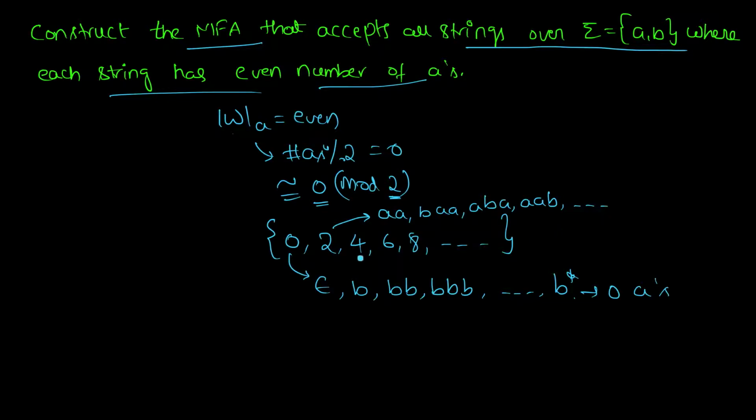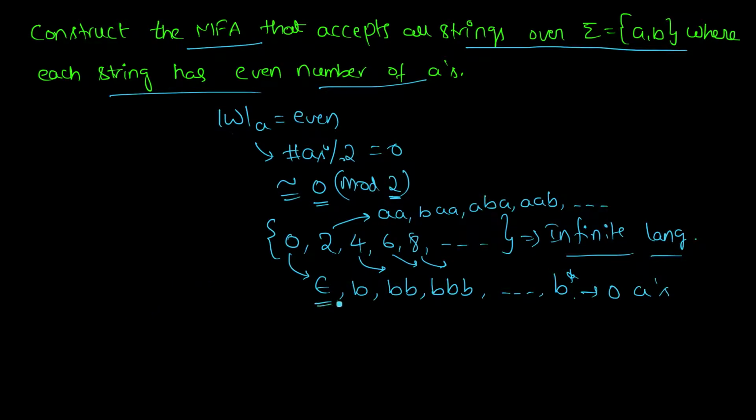In the same way, we can have strings having exactly 4 A's, strings having exactly 6 A's, strings having exactly 8 A's and so on. So clearly this is an infinite language, and we don't know whether we can draw a DFA for such an infinite language or not. So let's try drawing a DFA.